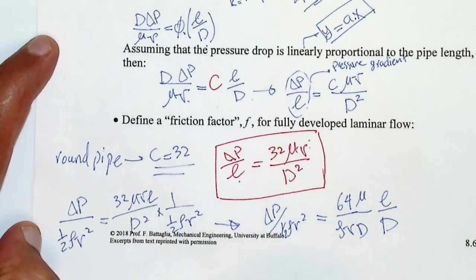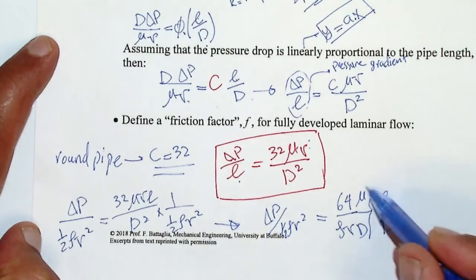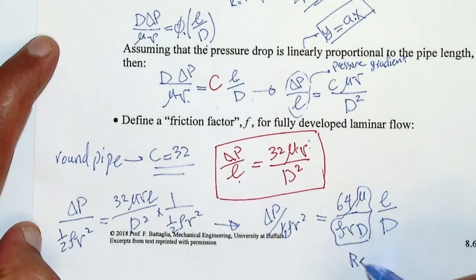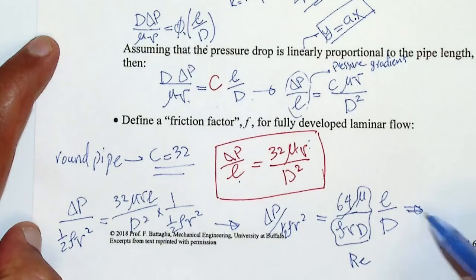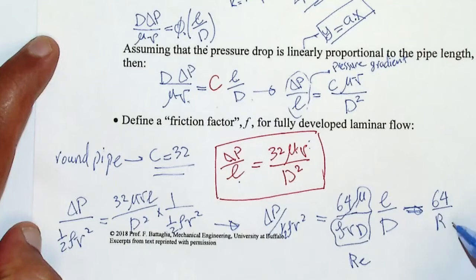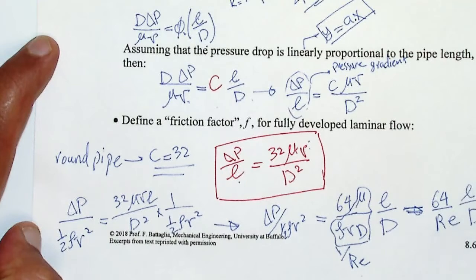Then this is going to be your Reynolds number, right? Then this is going to be 64 over Reynolds, 1 over Reynolds, 64 over Reynolds times L over D.